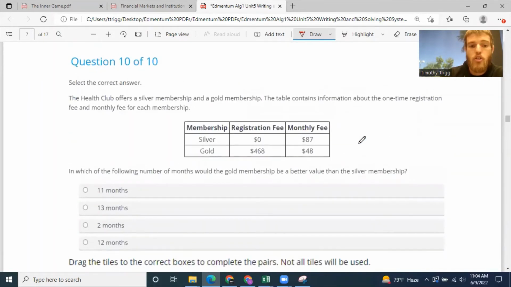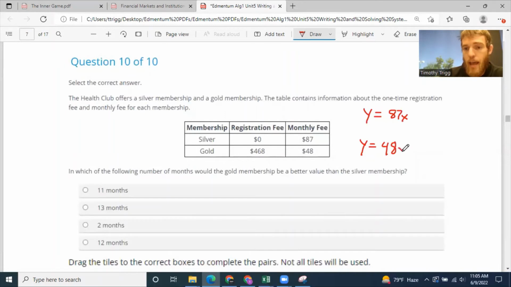Okay. So let's look at the silver membership. We're going to have y be the total cost. The total cost of the silver membership is $87 times the number of months. So x is going to be the number of months, y is going to be the total cost. What about for the second equation? Well, it costs $48 per month.